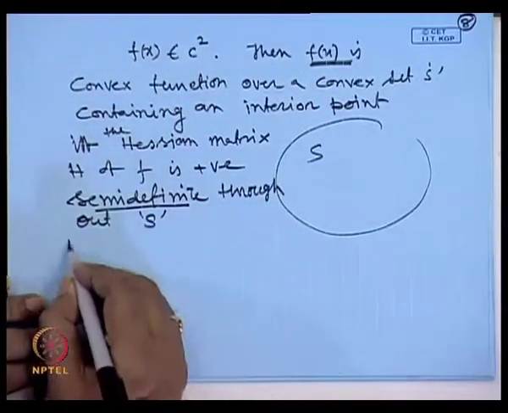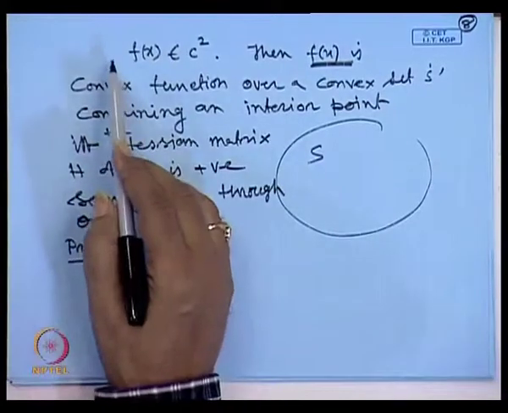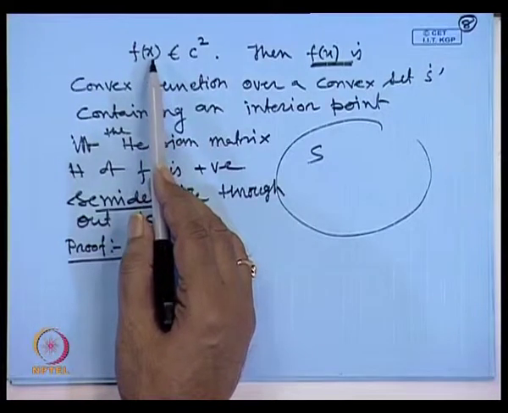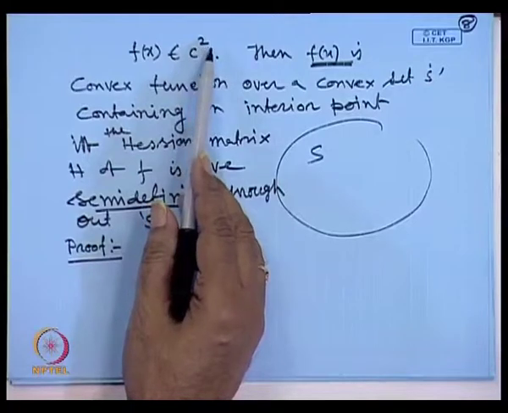So, let us see the proof of that. Once again I repeat. Suppose you have a function f of x which belongs to C2, continuously twice differentiable.